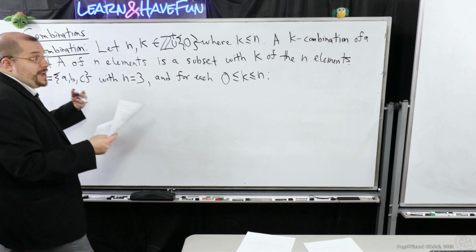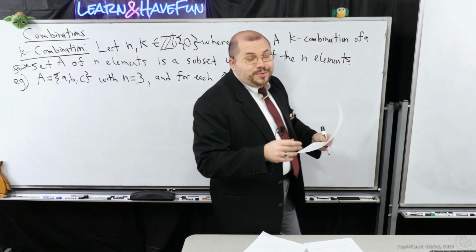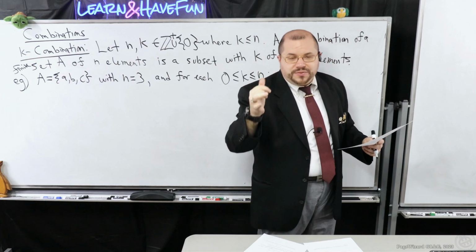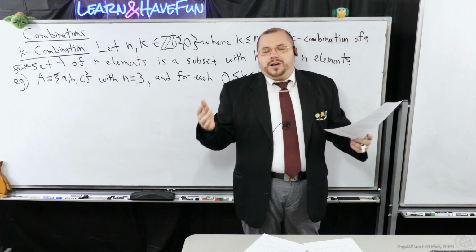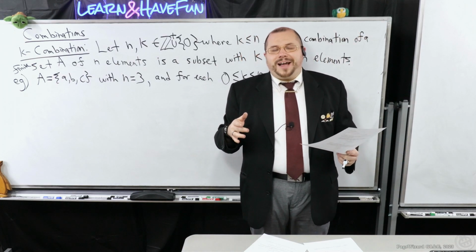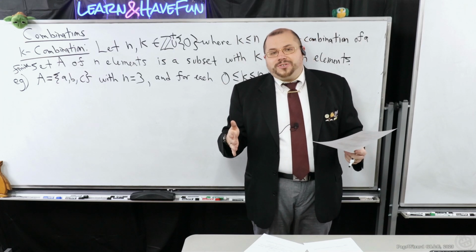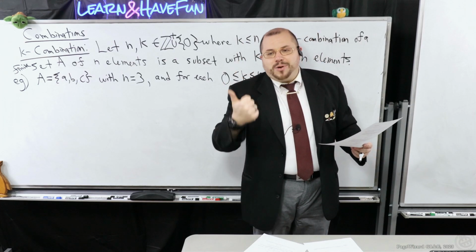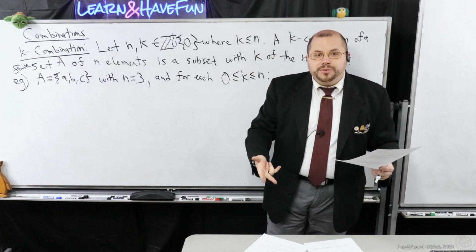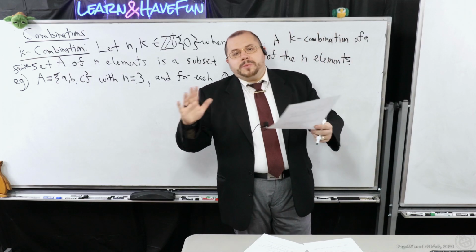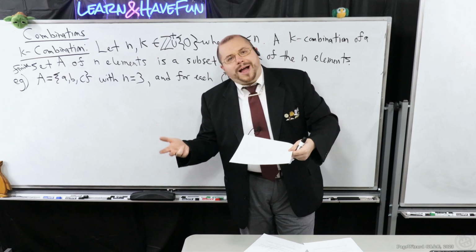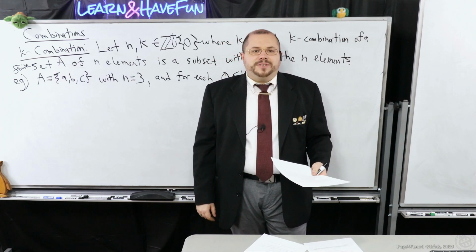Now we do not care about the ordering. This is the one thing that's really going to separate permutations from combinations. Like I talked about on the side, suppose I go to the grocery store and I'm looking for some cheese. I want to get mozzarella, cheddar, and Gouda. In the world of permutations, I would care about which order I received those types of cheeses.